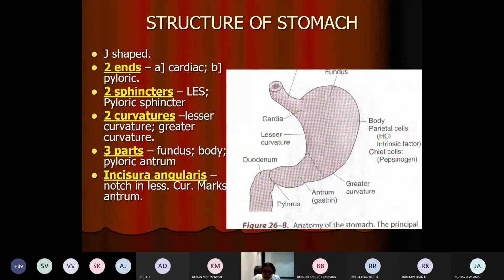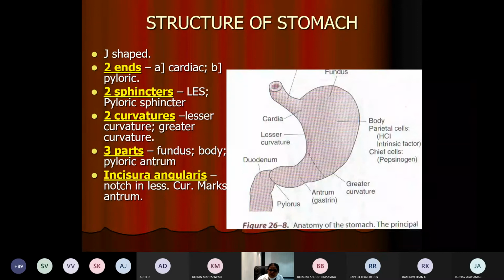Then incisura angularis, the notch in the lesser curvature, marks the antrum. You can see here fundus, pylorus, antrum. This is the greater curvature. This side is the lesser curvature. And this is the duodenum, this is the cardiac end. This is the body. So this is the anatomy of the stomach.